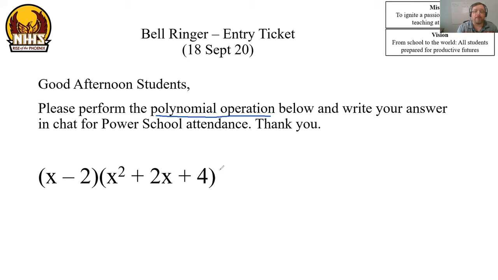Okay. Now, we know we just did this, and we got x cubed minus 8. And I told you that you could also rewrite that as x all cubed minus 2 all cubed.